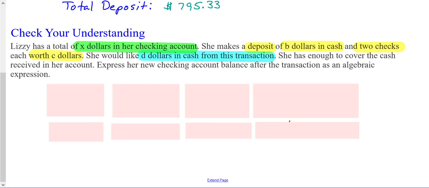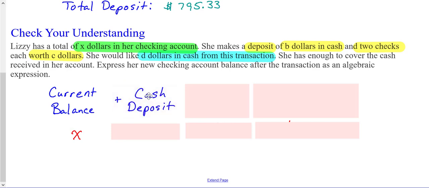So just like when we were figuring out her new balance before, you're going to take her current balance, which is highlighted in green, X. We want to add our cash deposit, which is highlighted in yellow, B. We also want to add our checks, and we had also highlighted in yellow 2 checks worth C dollars.